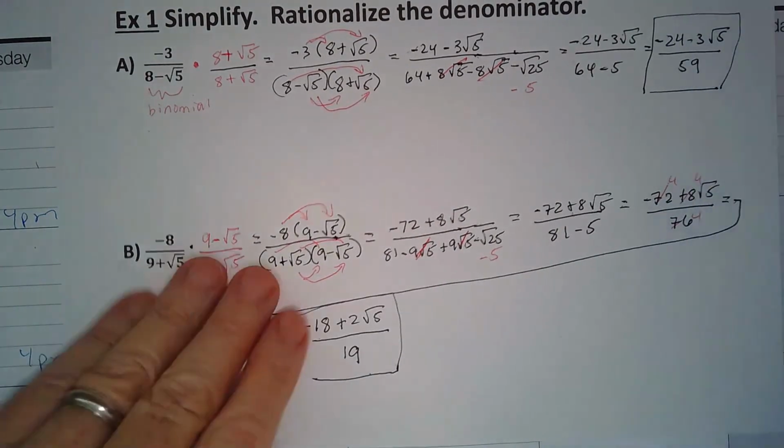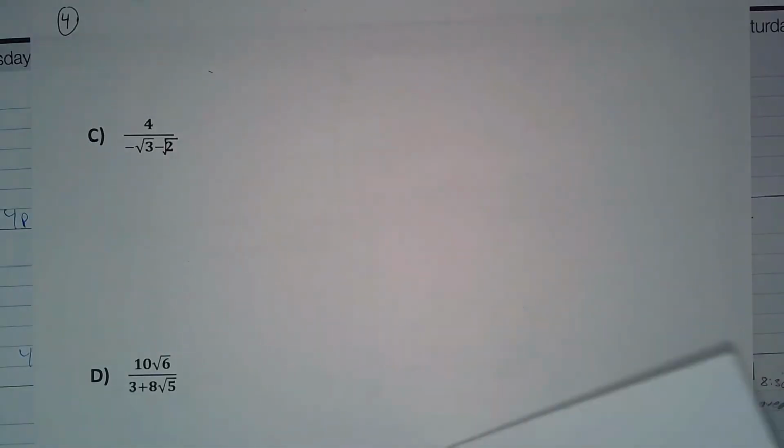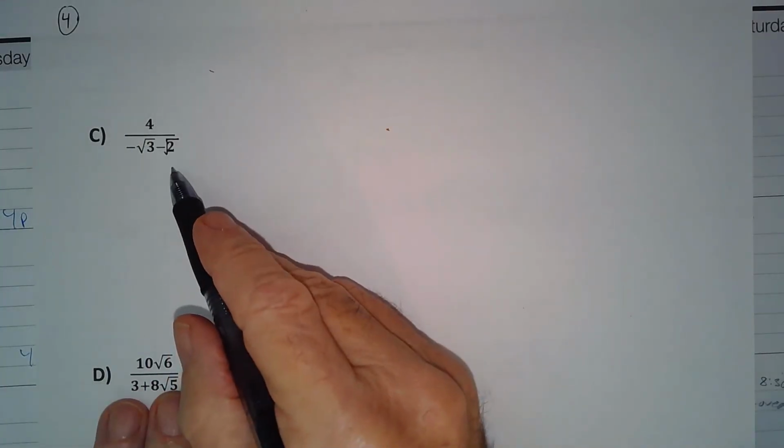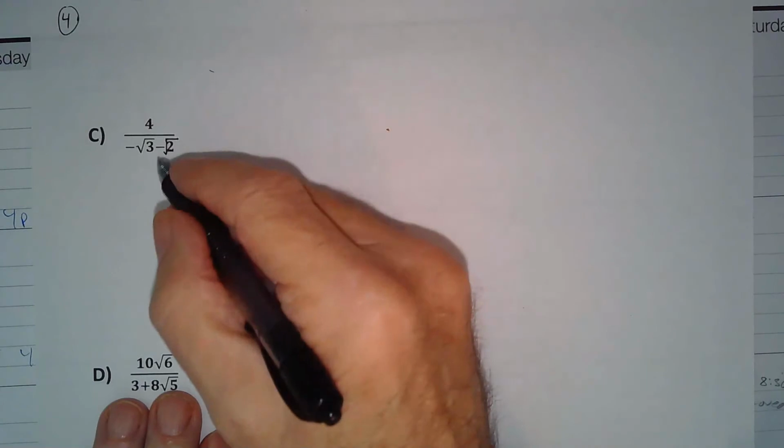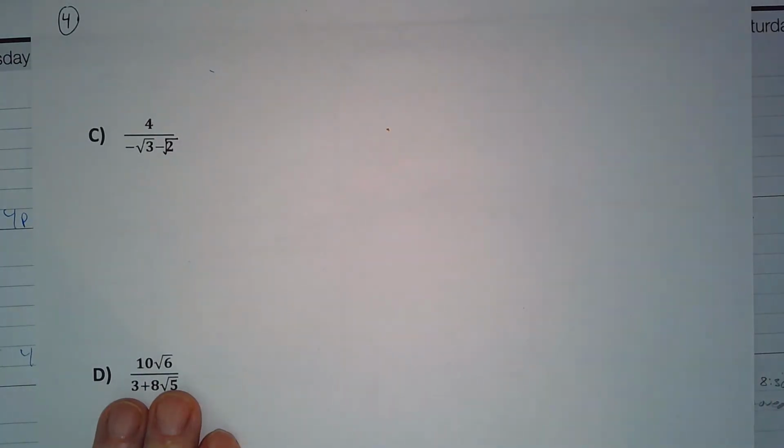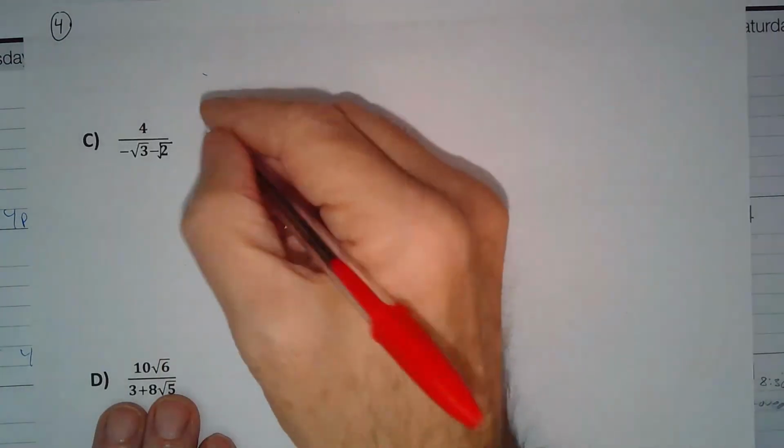All right, 2 to go. So C is 4 times the negative square root of 3 minus the square root of 2. All right? And so the conjugate would be negative square root of 3 plus the square root of 2.